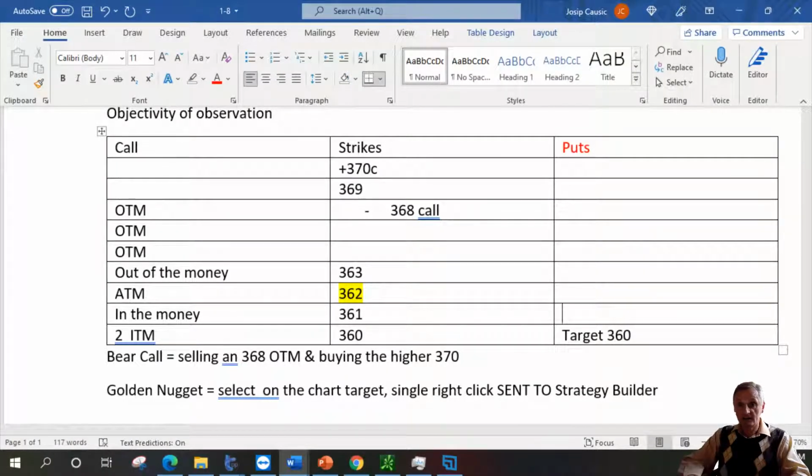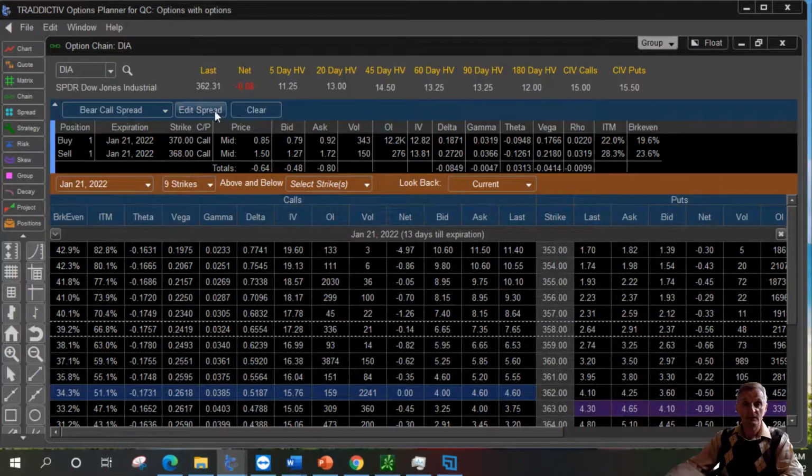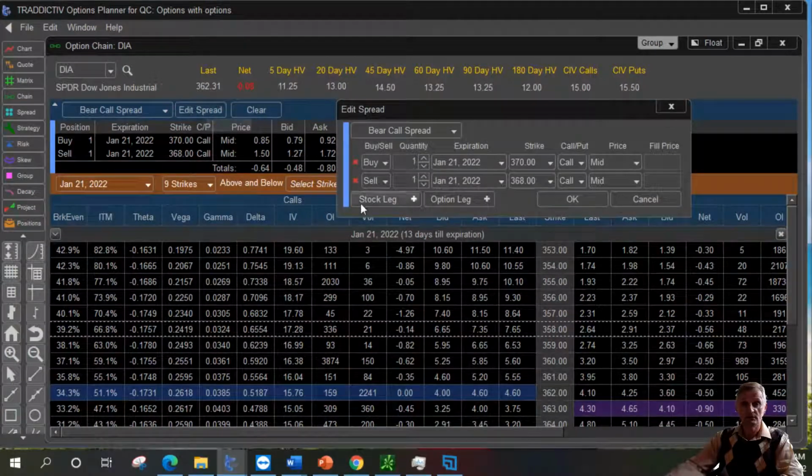Buying, let's say, the 361 put at the ask is going to cost me something. Because that's going to cost me, I would like to have my bear call spread finance the buying of the put. So what I'm going to do right now is go to edit the spread and add one more option leg.